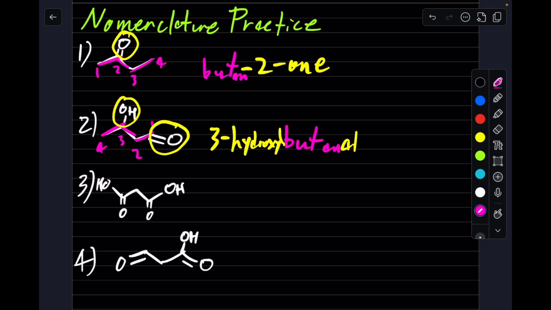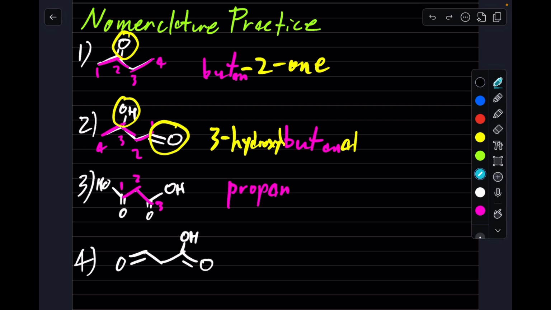Now, moving on to question 3. We have a 3-carbon chain. So this is going to be propane, and as you can see, there are 2 carboxyl groups, not to be confused with alcohols or aldehydes.